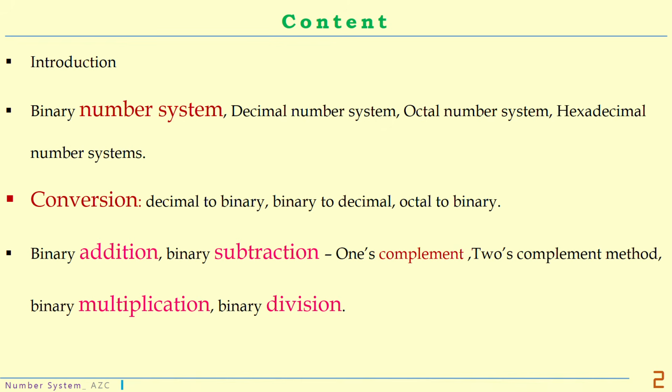Content of this topic includes introduction, binary number system, decimal number system, octal number system, hexadecimal number systems, conversion, decimal to binary, binary to decimal, octal to binary, binary addition, binary subtraction, one's complement and two's complement method, binary multiplication, binary division.